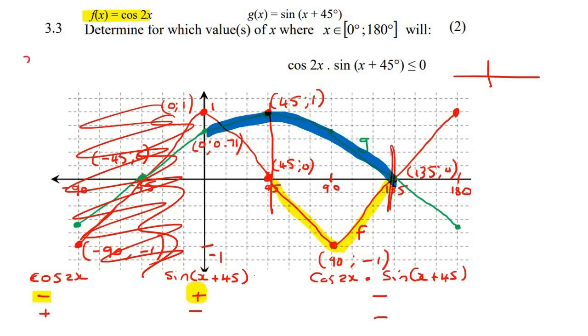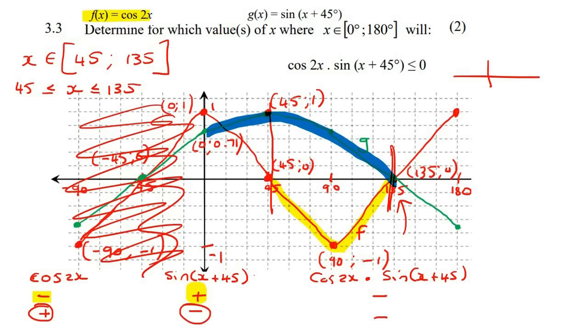I'll show you set builder notation as well. You could say that x is an element going from 45, and we can include the 45, all the way up to 135. If you were doing set builder, you would say x is bigger than or equal to 45 and smaller than or equal to 135.